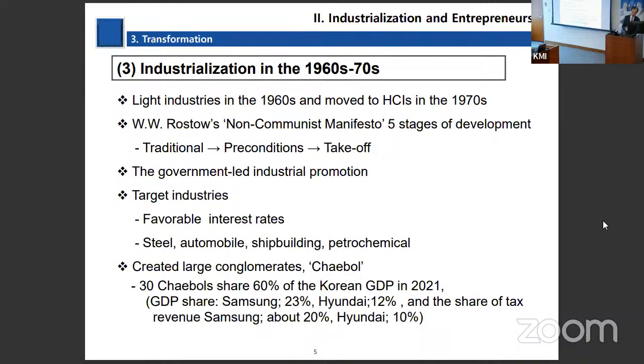Another result is the chaebol, or large conglomerates. During that time, many chaebol were created. Of course, they started a bit earlier, but they became very strong in terms of industrial capacity. Only a few years ago, in 2021, Samsung accounted for 23% of Korean GDP, and Hyundai 12%.